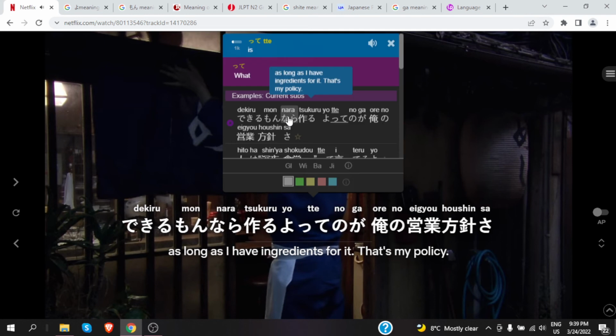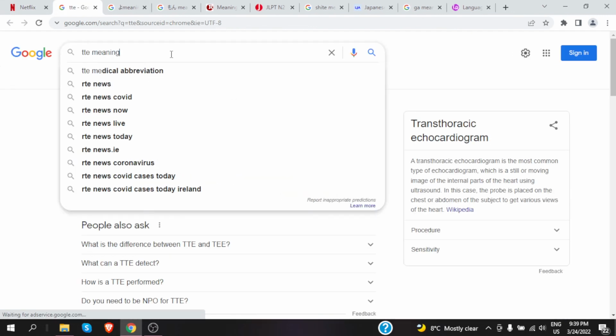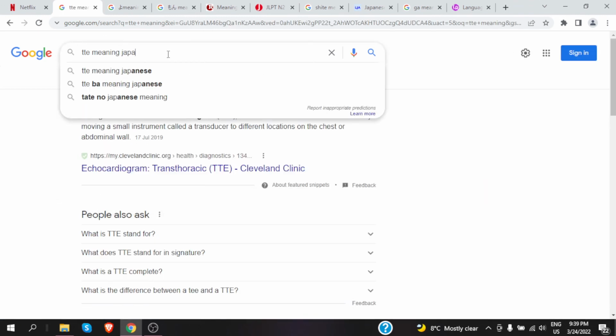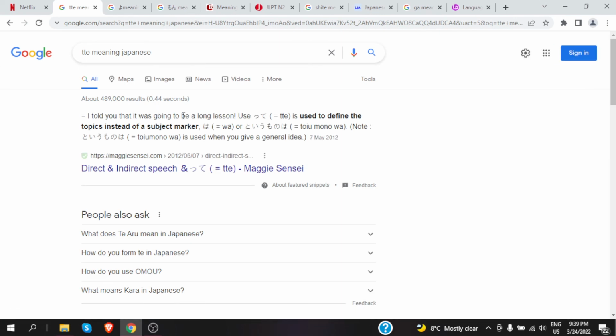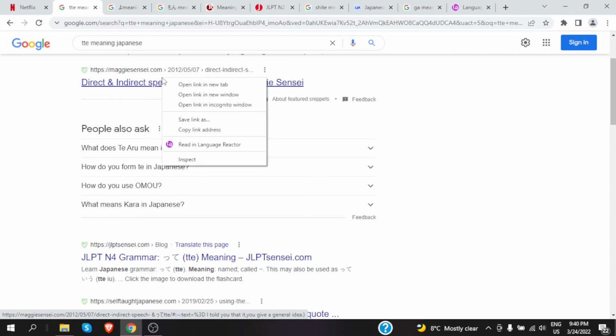Te. I told you that I was going to... It's used to define the topics instead of the subject marker. Yeah, this is what I'm getting at. Direct and indirect speech.